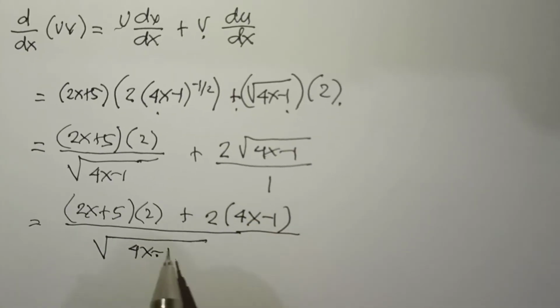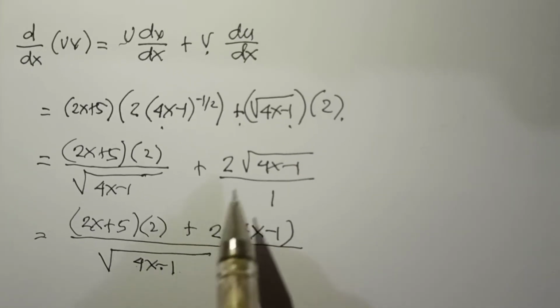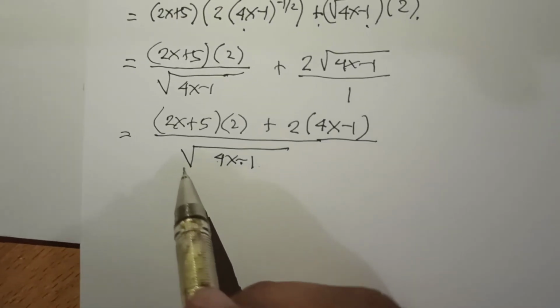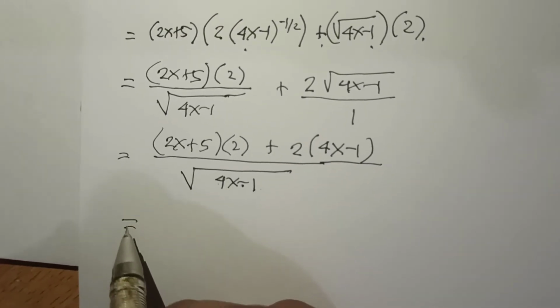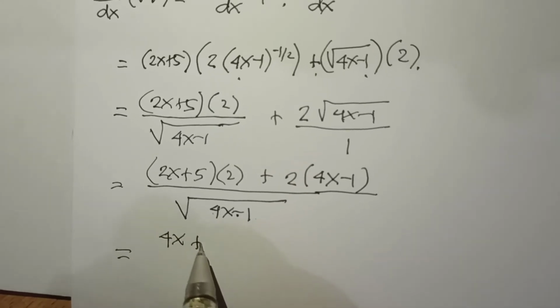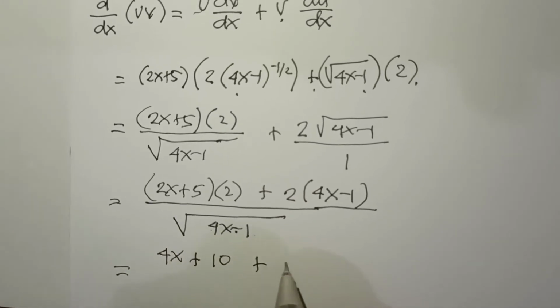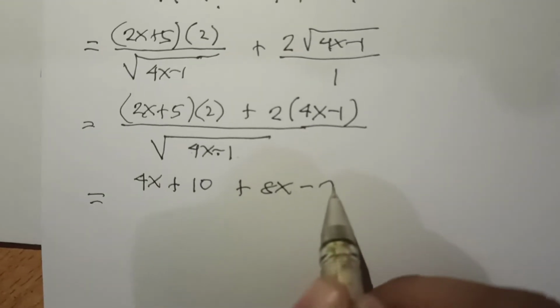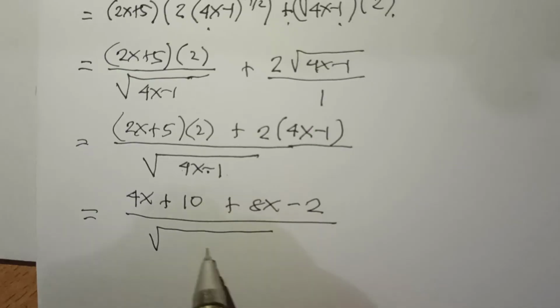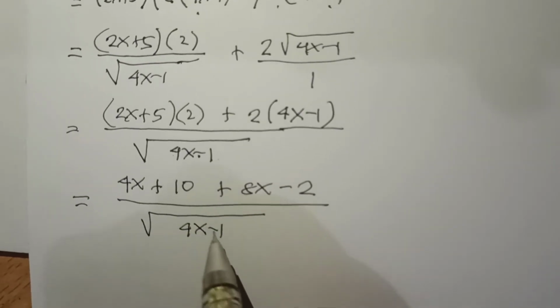Because the square root will be gone. When you multiply both this part, this will become 4x minus 1. So this will become 4x plus 10 plus 8x minus 2 over the square root of 4x minus 1.